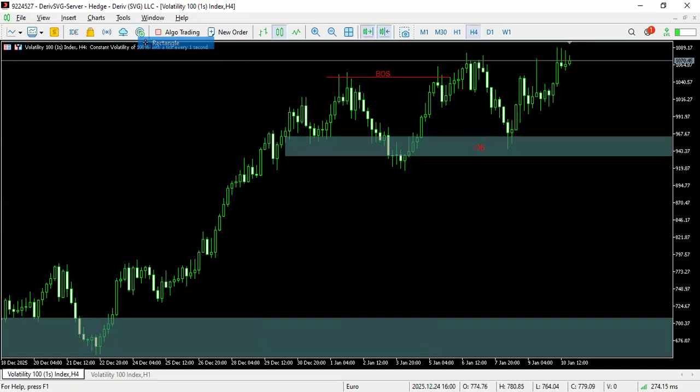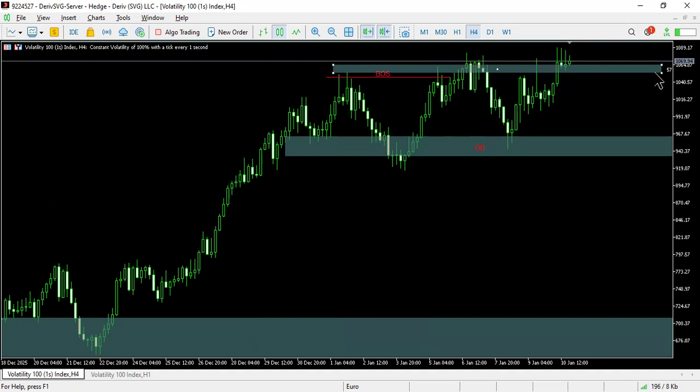Now you can see a resistance is forming up here. Price is kind of ranging between this support and the resistance level. Let's see, we have a break of structure there.